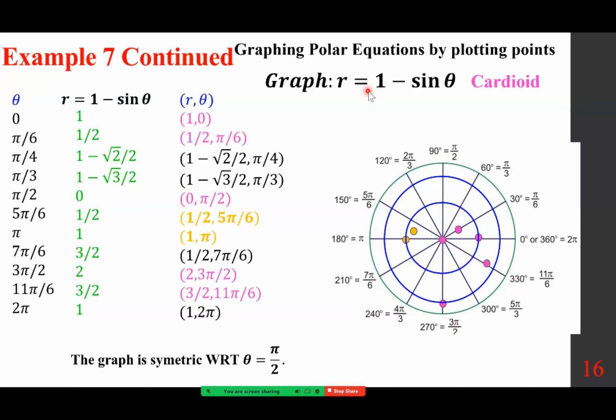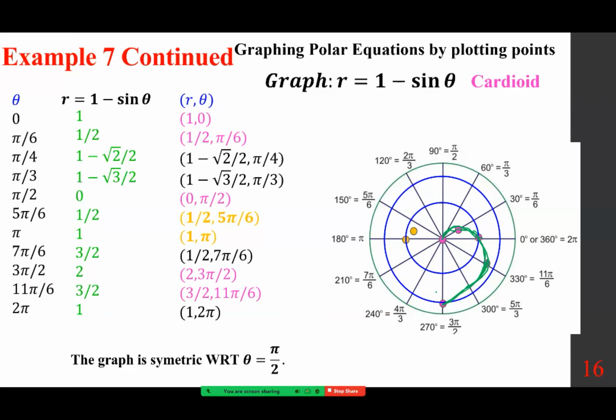Because if we go back to this, remember the graph is symmetric with respect to theta equals pi over 2. So if you were to graph this part only, I'm going to graph it and erase it in a moment. It will look something like this. Just look at this half, never mind the rest.